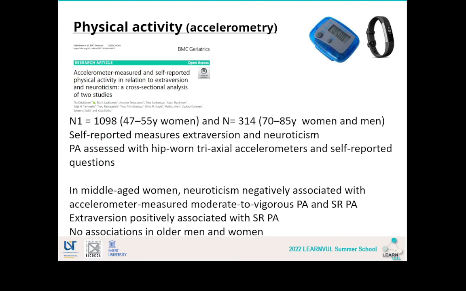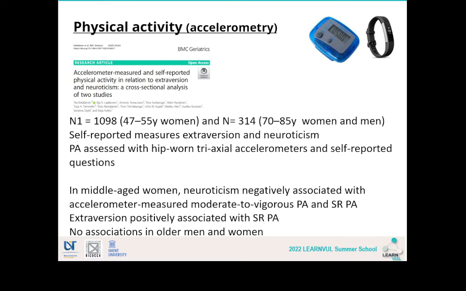They asked 2 samples: one of 47 to 55-year-old women, and then a 70 to 85-year-old, older sample. With this study, they show that there is a relationship between neuroticism and vigorous physical activity.